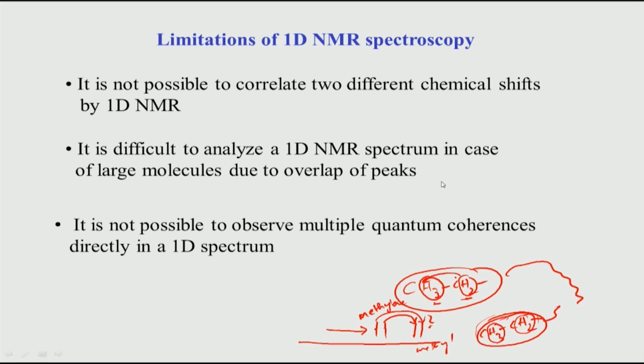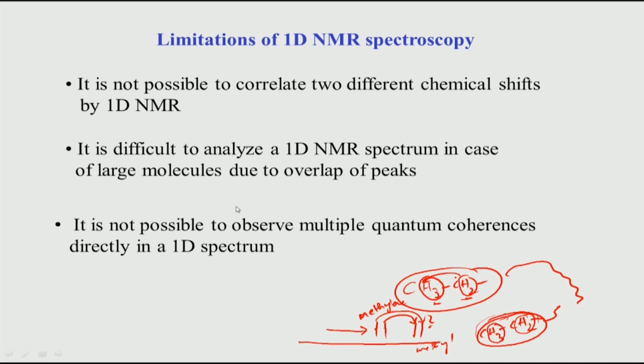So, to detect multiple quantum coherences, we have to use 2D NMR only. In 2D NMR, we generate some multiple quantum coherences, and when we want to detect them, we convert them into a single quantum coherence.